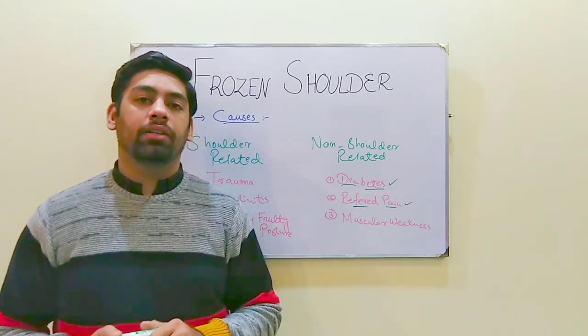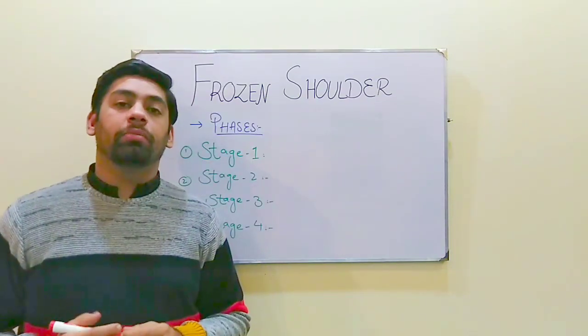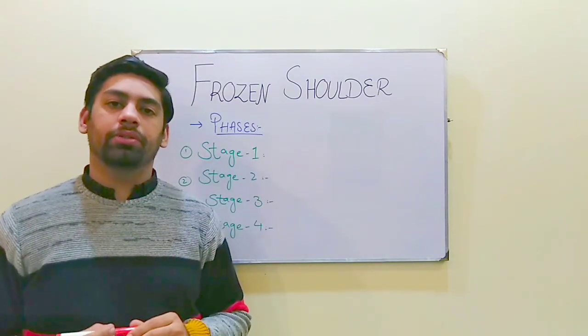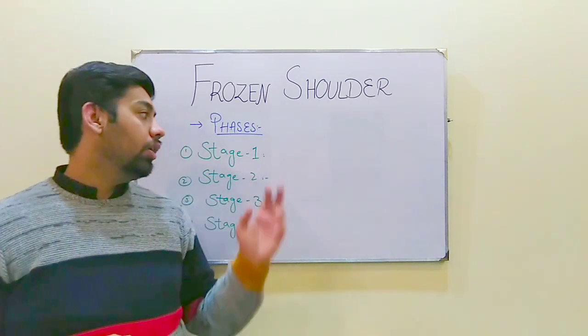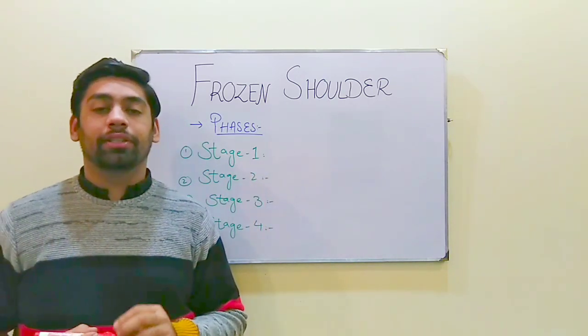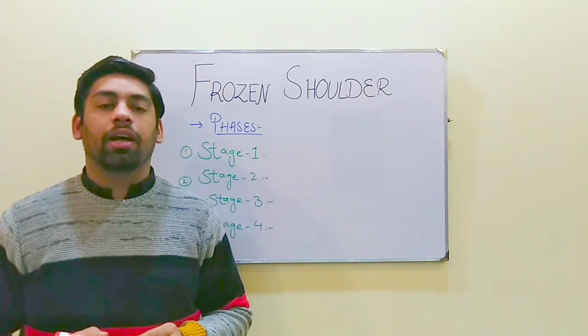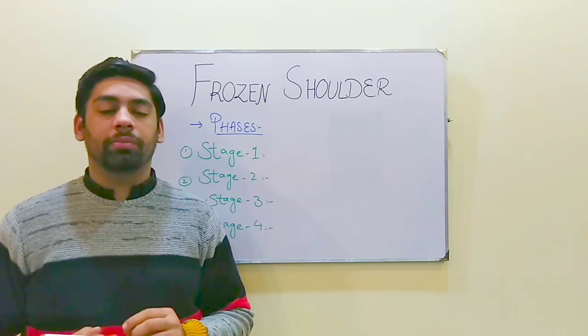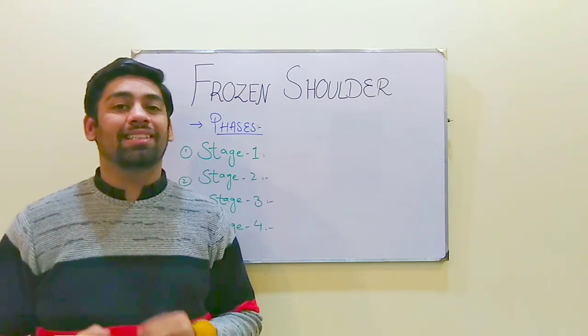Now I will tell you about the different phases of the frozen shoulder. We are now talking about the different stages of the frozen shoulder. There are four main stages of the frozen shoulder. Talking about stage 1, during stage 1, there is intense pain around the shoulder joint. There is stiffness around the musculature of the shoulder joint, and this stage lasts for less than 3 months.